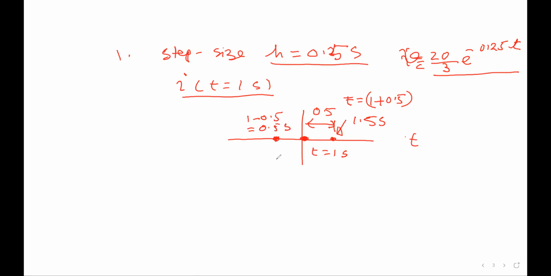So you need the two values of your function at these two points. At time t equal to 0.5 second, your voltage V is equal to 20 by 3 into e to the power minus 0.25 into 0.5, which is equal to how many volts?